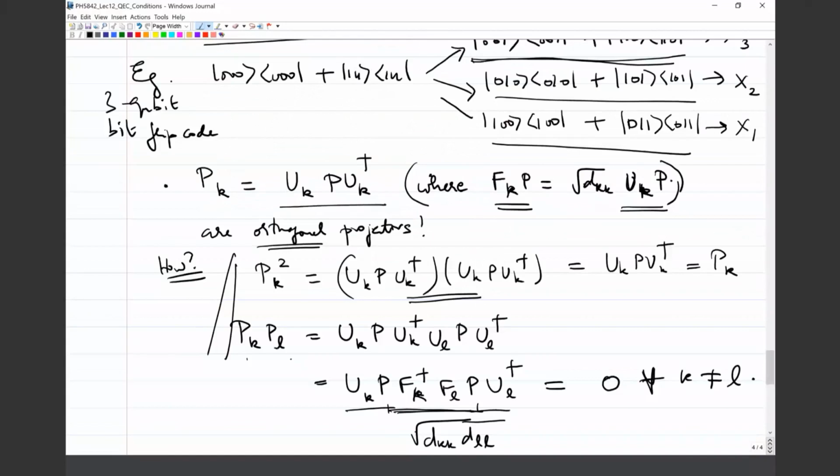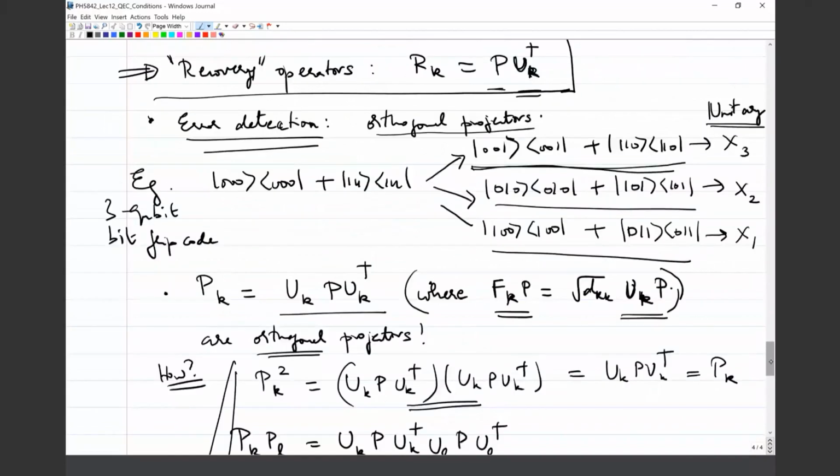So if you go back to the 3-qubit code again, that is where these projectors actually came from. So this is the code space, remember. And then what error was this? This is the X3 error. So this is actually, if you think about it, X3 P X3. This is X2 P X2. This is X1 P X1.